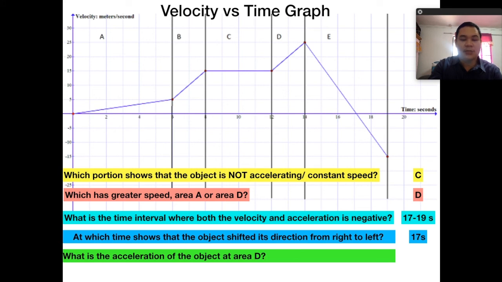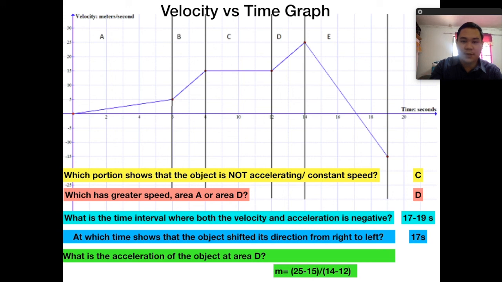Next, what is the acceleration of the object at area D? So this is area D. Let's try to analyze. Our value of the slope is simply x sub 2, y sub 2, x sub 1, and y sub 1.